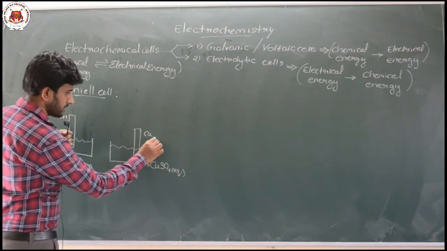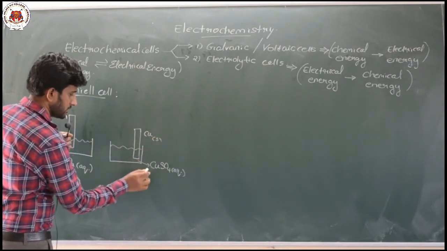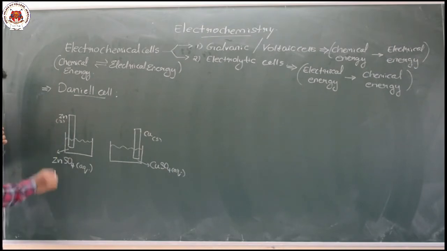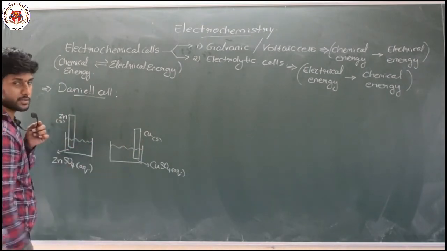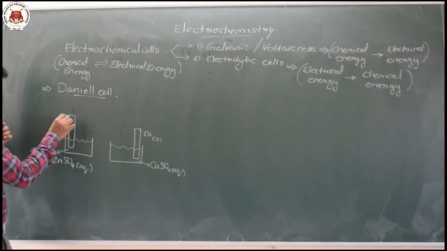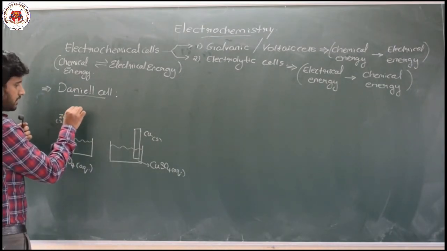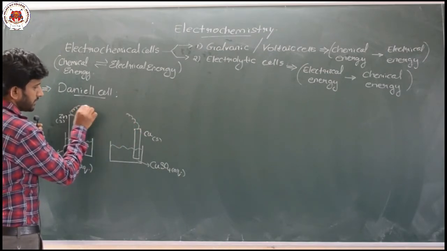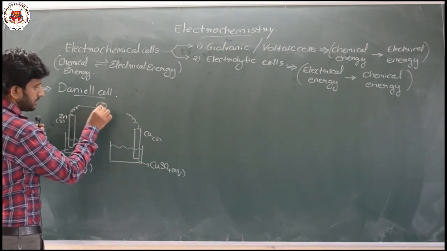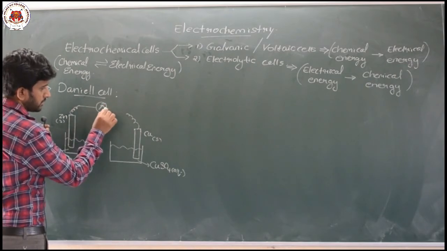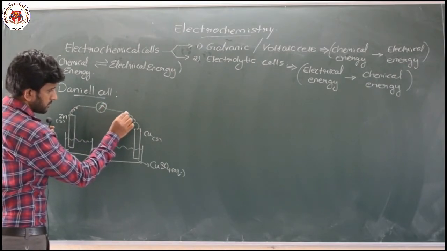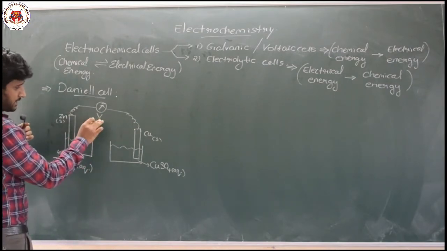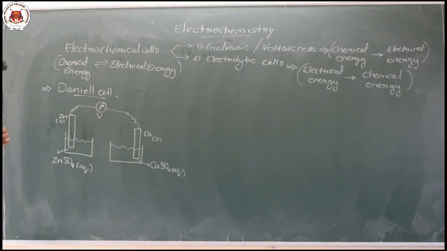Here I am writing aqueous. Aqueous means solution state mixed with water. Here zinc is solid and copper is solid, because they are electrodes. Now this zinc rod and copper rod, both of them are connected through a voltmeter, or you can take an ammeter also.